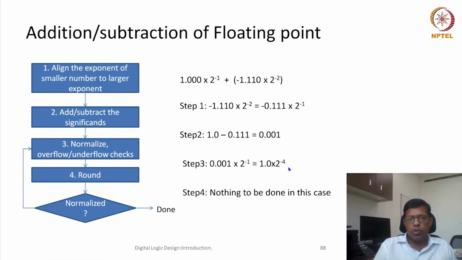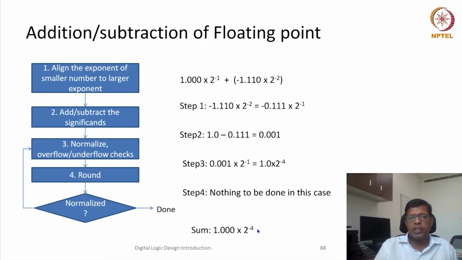Then rounding: if we are representing this as a single precision number where the number of mantissa bits is 23, we need not do anything for rounding, and the result can be written as 1.0 into 2 to the power minus 4. Okay, so this is how addition or subtraction needs to be done.